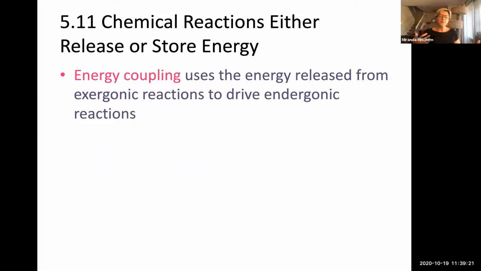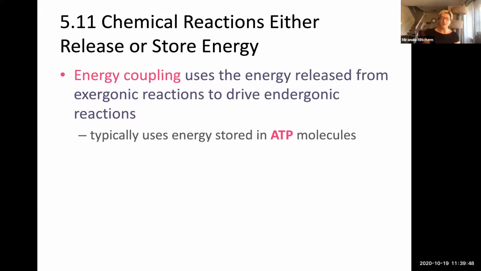Now, energy coupling is necessary with endergonic reactions because that endergonic reaction needs an input of energy. So what we see is that many reactions are coupled so that there is an input of energy for the endergonic reaction. The cell saves this energy in the form of ATP, which can be harnessed.